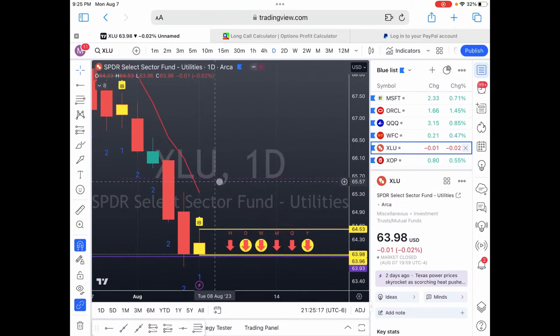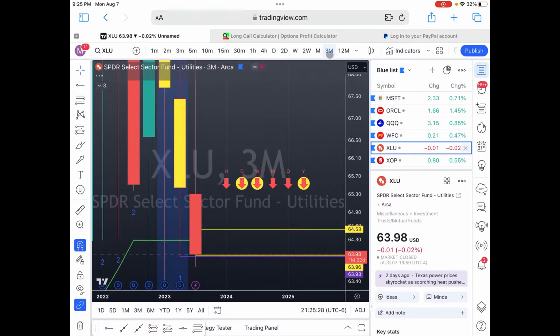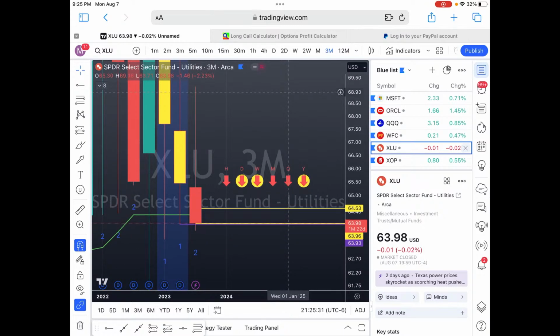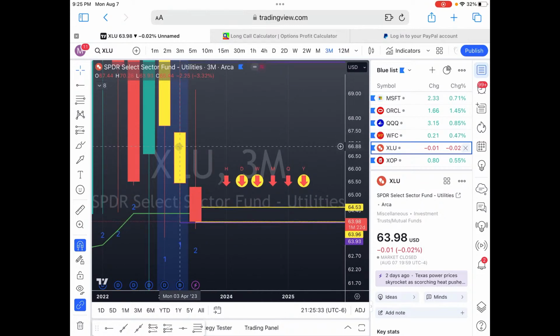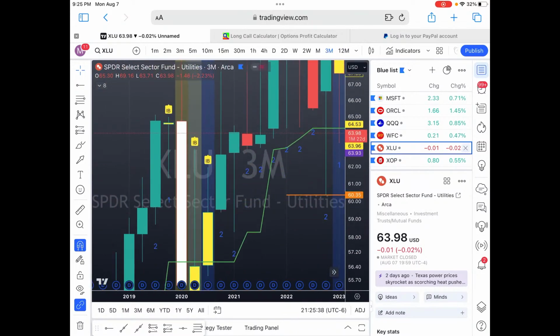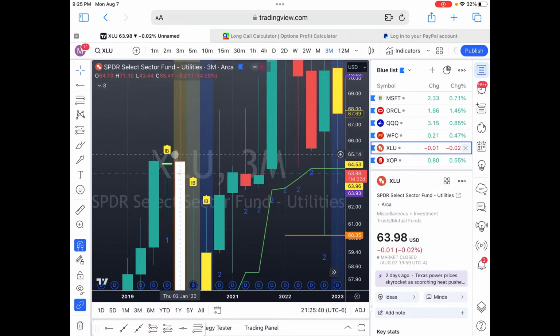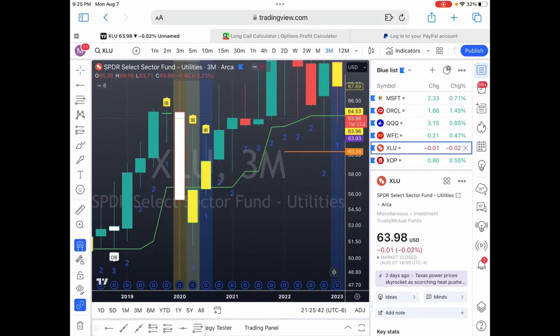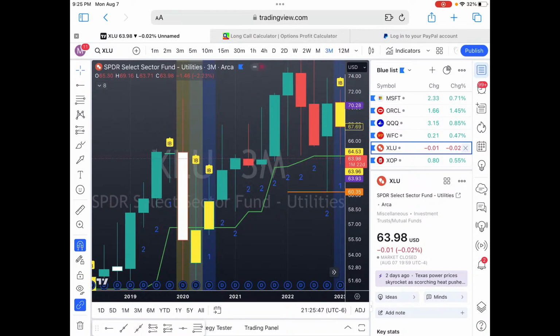Not quite a shooter candle, but XLU has been tumbling. We've got full time frame continuity right across the board. We have this inside bar. This purple line, guys, that's what I use for my 3-month charts. So if you look on XLU, we had a double inside bar on XLU. We've shown you how powerful that is. Let's go see if there was a double inside bar previously. So right here, back in 2020, we had this double inside bar, and this is on the 3-month chart, let me remind you.